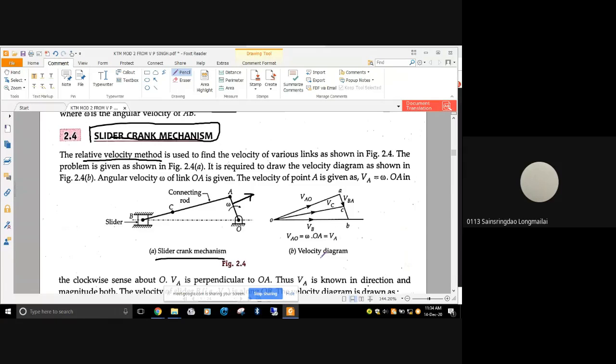Sir, I guess two. Two links in slider crank mechanism. Norangsi, what do you think? Is he correct? Sir, yes, please can you repeat because your voice was distorted.